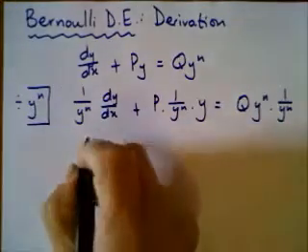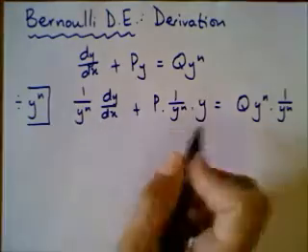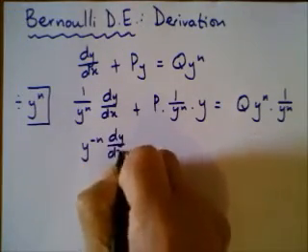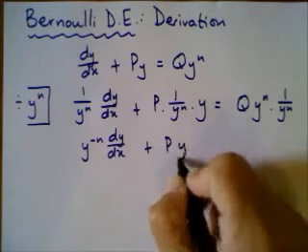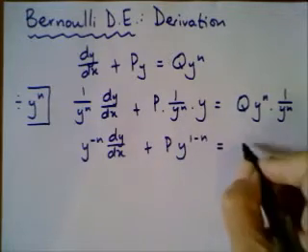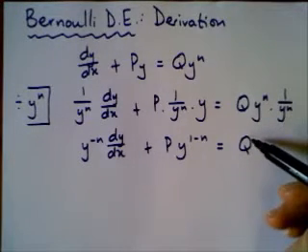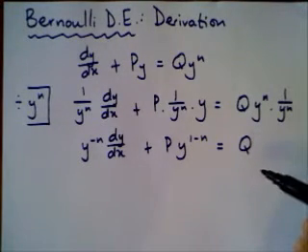If I simplify and use exponent laws to change that form, you'll have an equation that looks like this, equal to Q. Okay, so our right hand side looks like the linear differential equation.